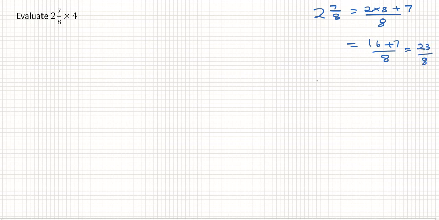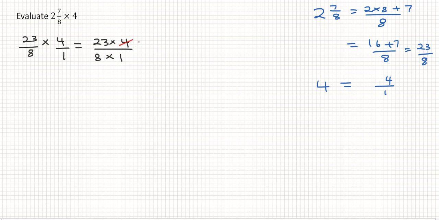And now 4, we have to write it as an improper fraction with 1 as its denominator. So now let's rewrite the question using the improper fractions. We have 23 over 8 multiplied by 4 over 1. And now we can multiply across numerator and denominator: 23 multiplied by 4 over 8 multiplied by 1. And now we try to reduce.